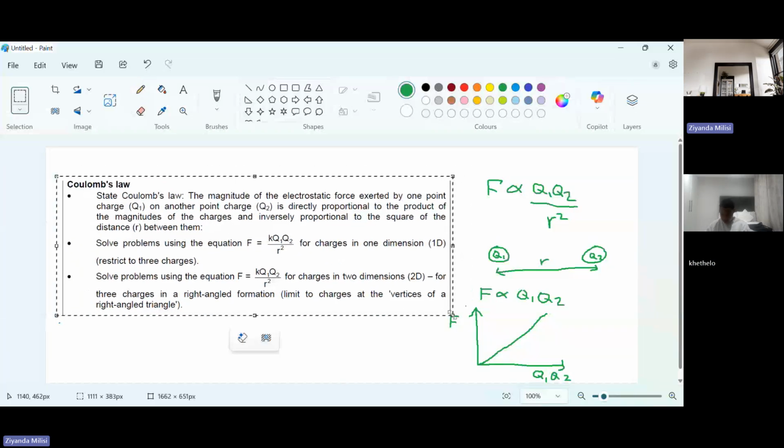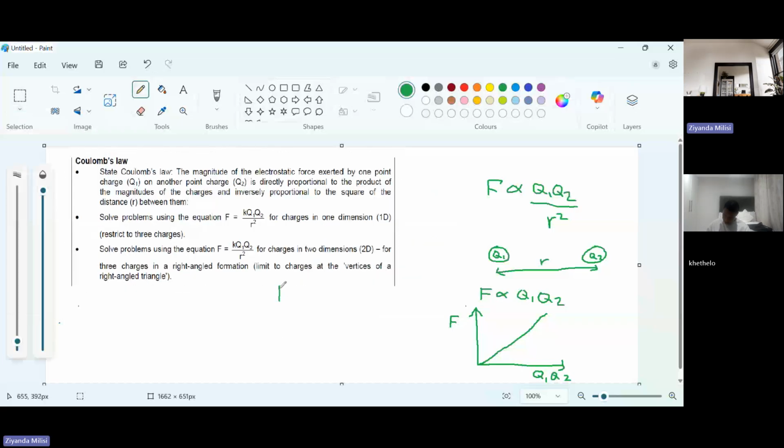Then the next one is when we have F and we isolate r squared.